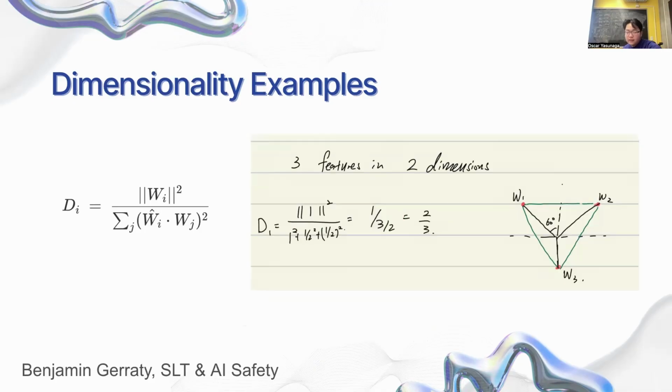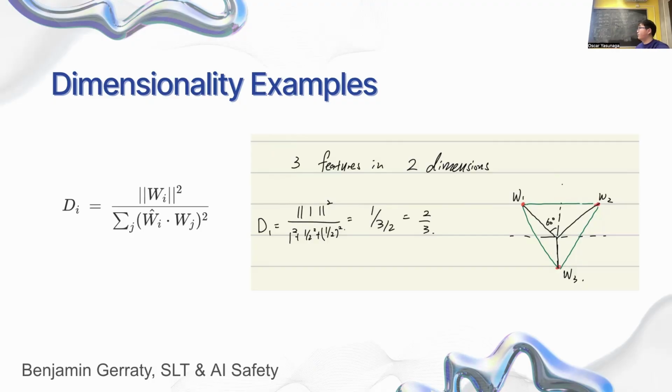Some other examples: this triangular example where you might want to express three features in two-dimensional space. So you're projecting a vector from R^3 to R^2, and the first feature in high dimensional space is going to be embedded within a 2/3 dimension, because it shares this space with two other vectors.